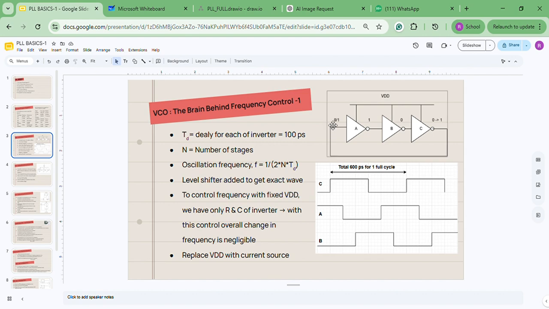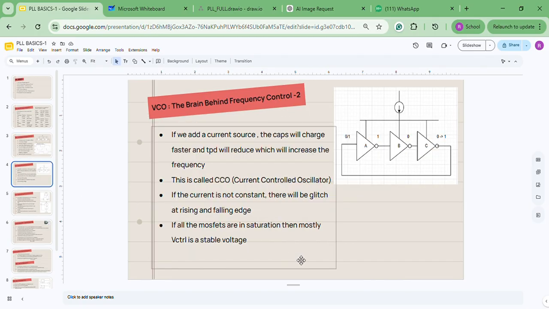If we do not have a perfect constant current source here, our rising or falling edge will have a glitch, which is the most important parameter to be taken care of during design, because glitch or phase noise is a very important parameter to be looked into before designing any VCO.